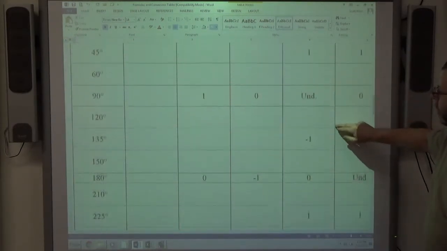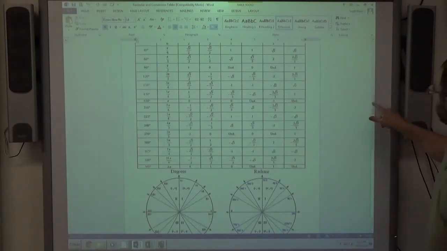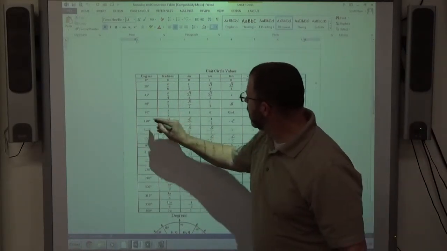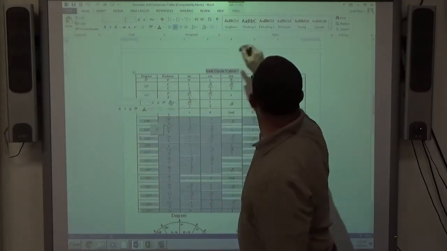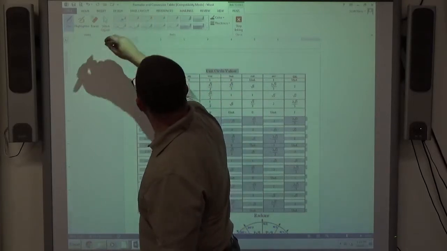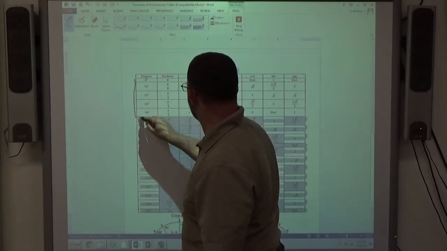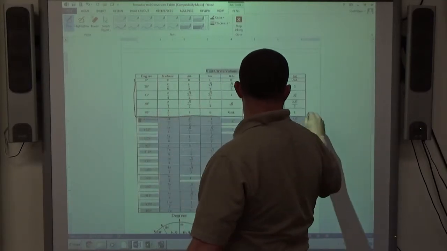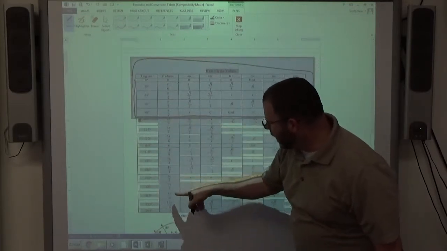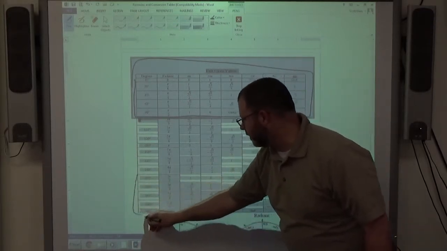I'm going to make that smaller so we can see everything I want to look at. The answers between 0 and pi over 2 are right here. So between 0 and pi over 2 is this set of numbers, and the other ones, negative pi over 2 to 0, are going to be down here.